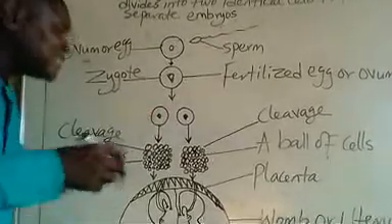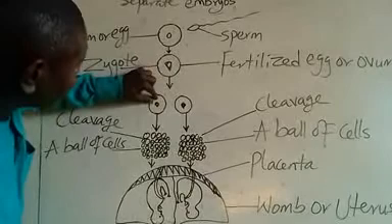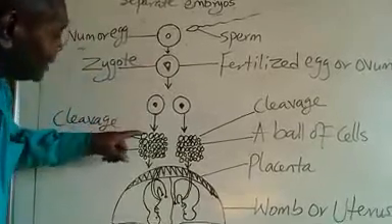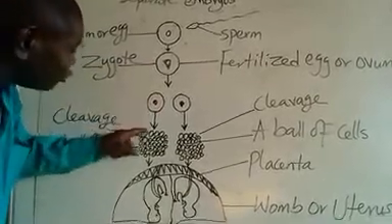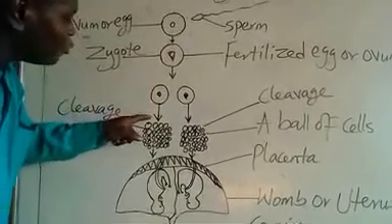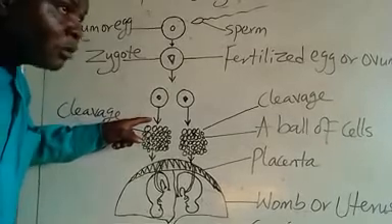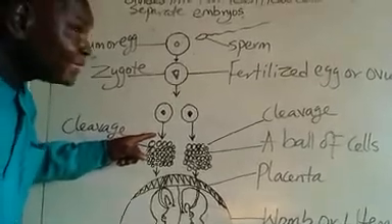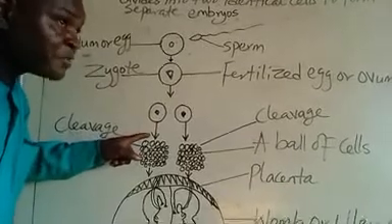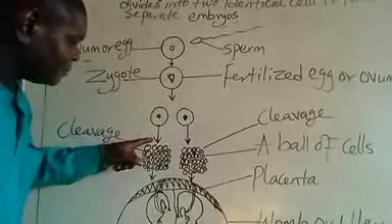Now, what is the next line of action? This one will divide into two, and this one will divide into two. From 2 to 4, from 4 to 8, from 8 to 16, from 16 to 32, etc.